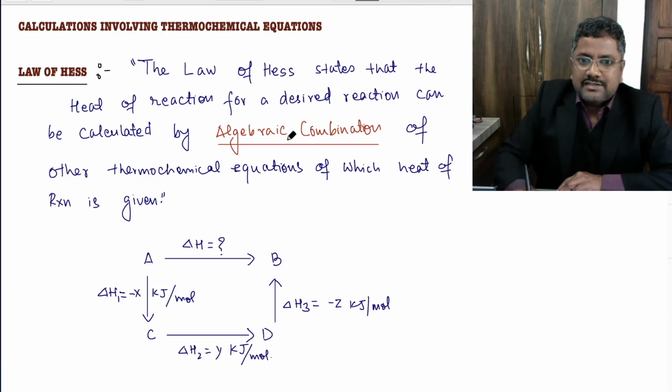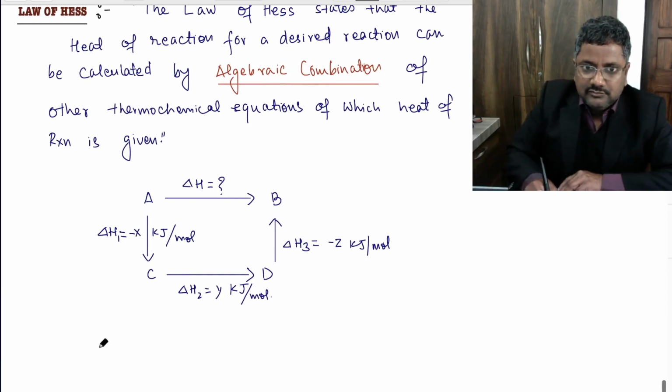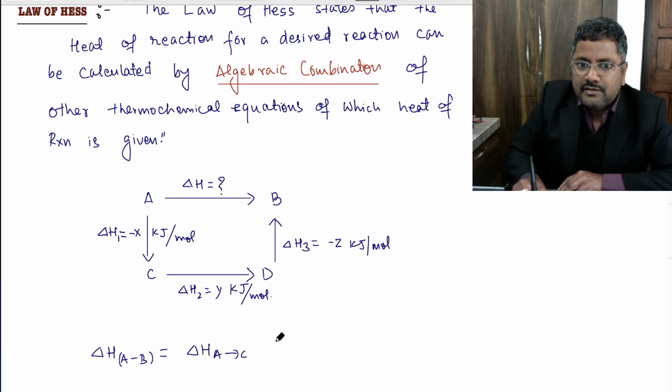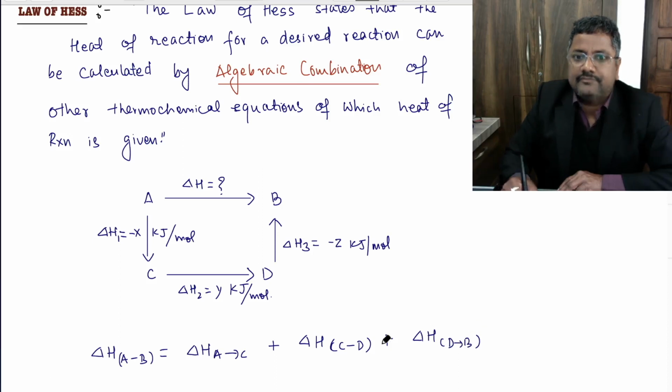So, as per this Hess law, you can calculate this delta H for A to B is equal to delta H for A to C plus delta H for C to D plus delta H D to B, right?